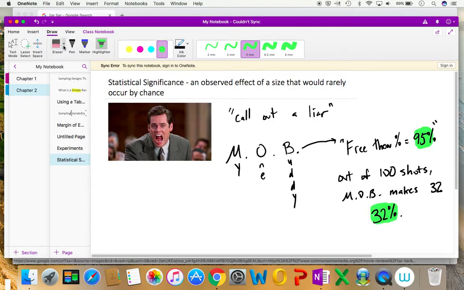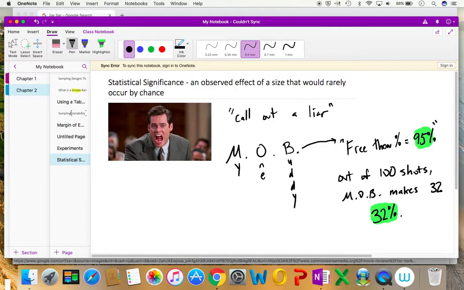So I'm getting much more consistent, reliable results. Out of 100, he should be a little bit closer to 95. It takes that chance out of the equation. So in this case, I would say that yes, these results are statistically significant. It's an observed effect. It's a difference that would rarely occur by chance.